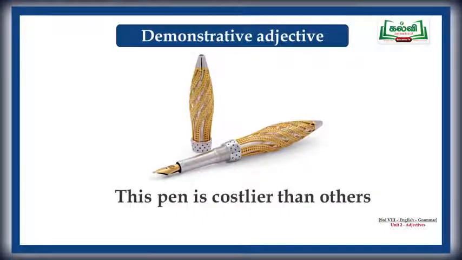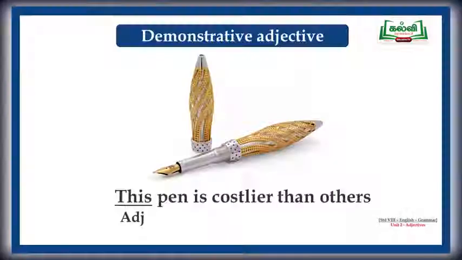Look at this image. This pen is costlier than others. So I am pointing out that particularly the pen you are seeing in the picture is costlier than others. Here pen is a noun, and we are pointing it out with the word this. So this is a demonstrative adjective.